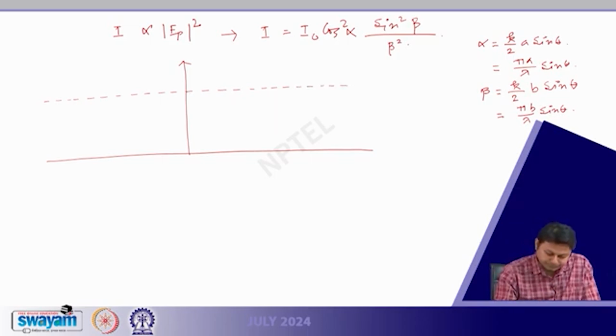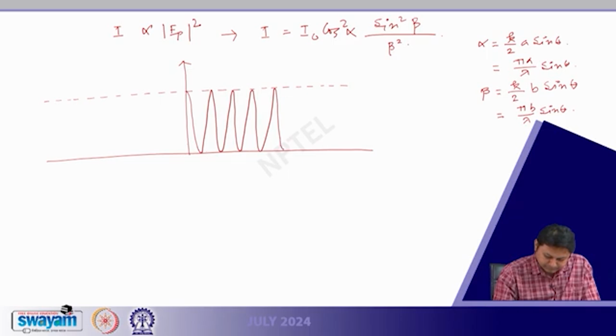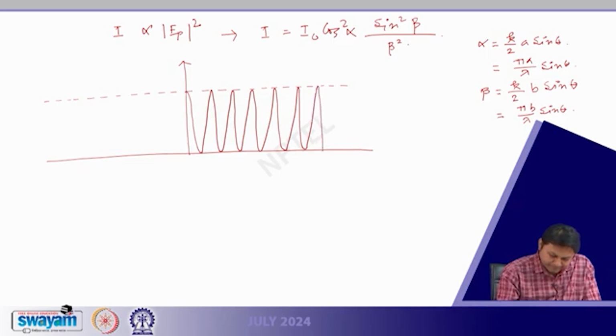This will be the distribution of the cos square. This side also.